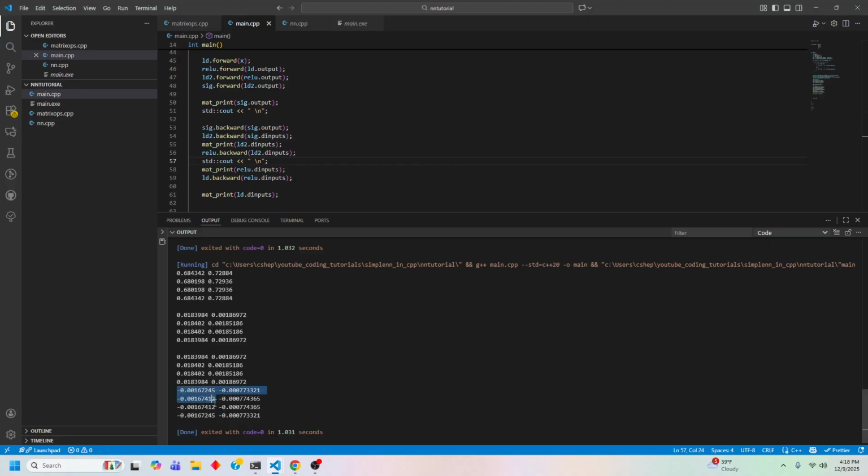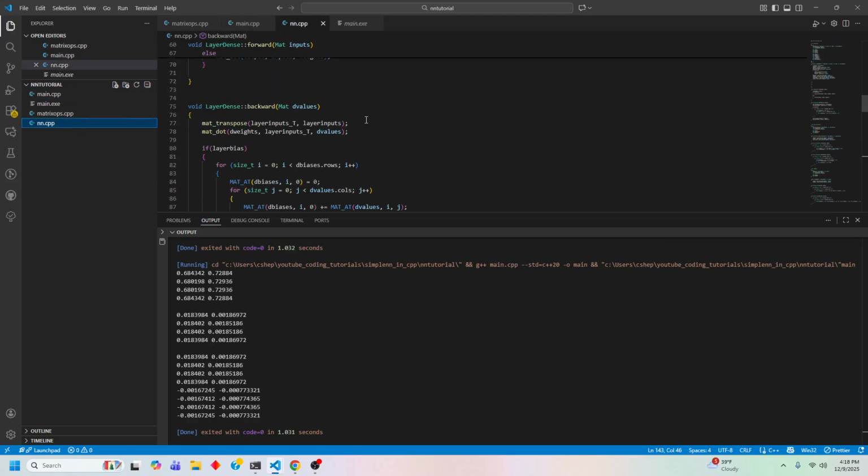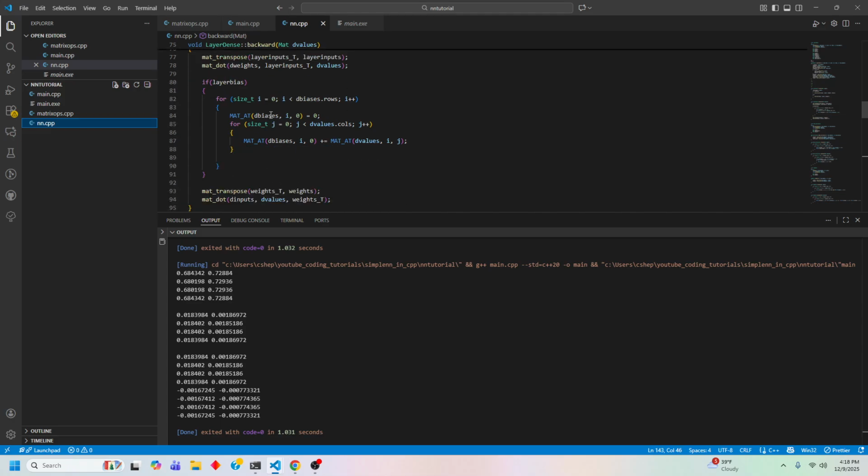That looks better. And now we can check and see why these are all negative. Go back to the dense layer.